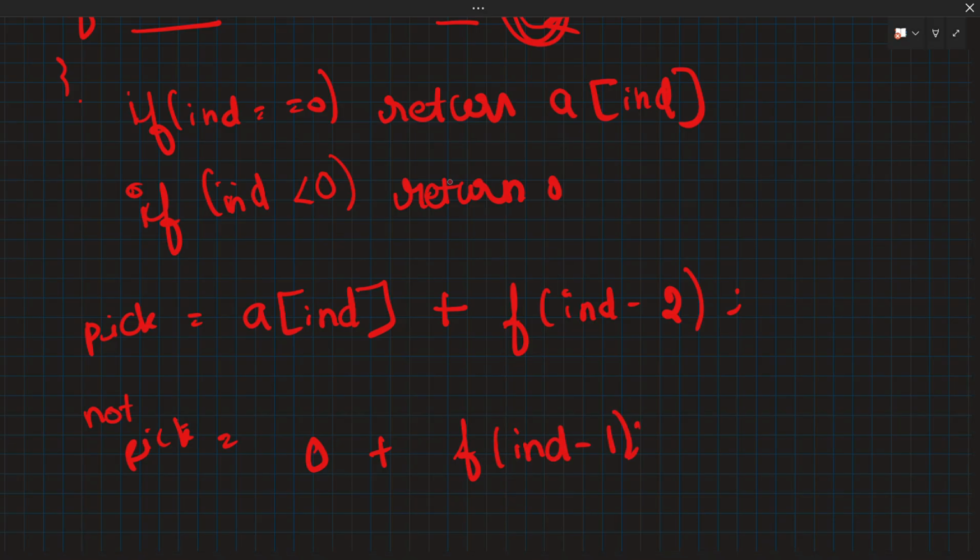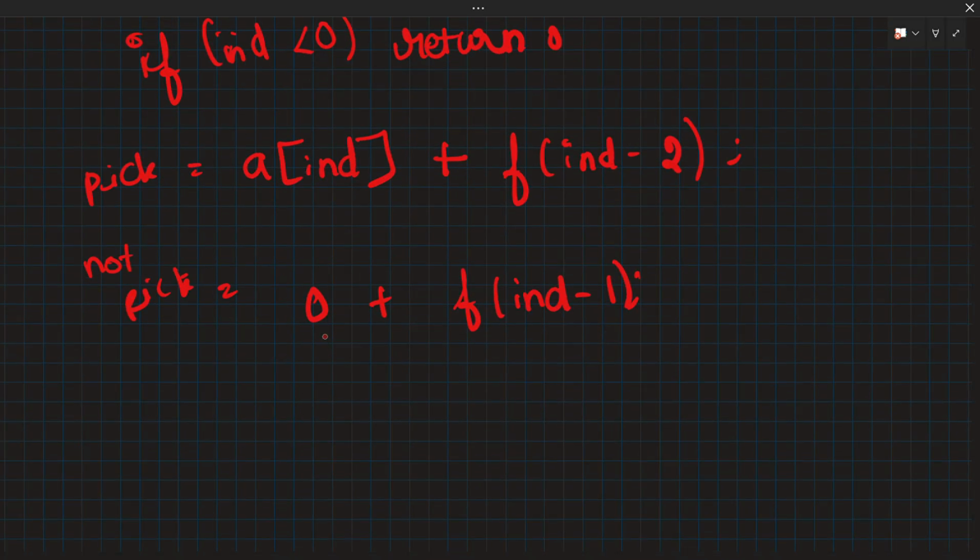That is the pick and non-pick condition. If you are taking the element, you are not supposed to go to the next adjacent element, so we go to index minus 2.